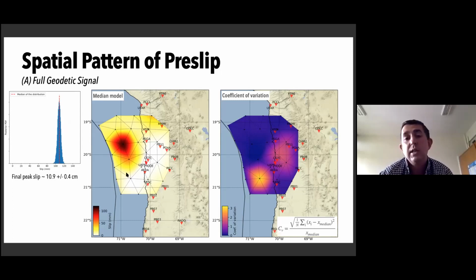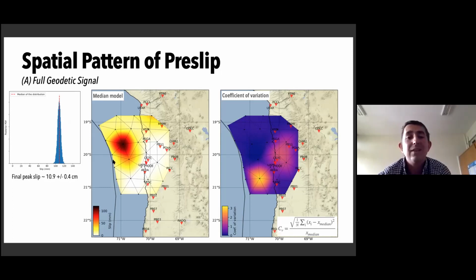What you can see is that it is a relatively simple model, nothing very fancy about it. You have one main patch that is here. It has a peak slip of 10 centimeters, 11 centimeters, plus or minus 0.4. You can see when you look at the PDF of that portion of the fault that it is rather well constrained, because the PDF is relatively narrow.